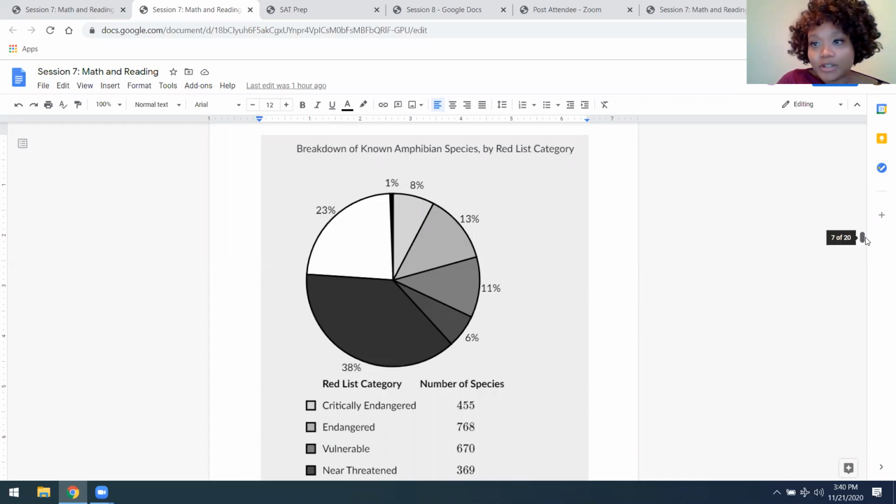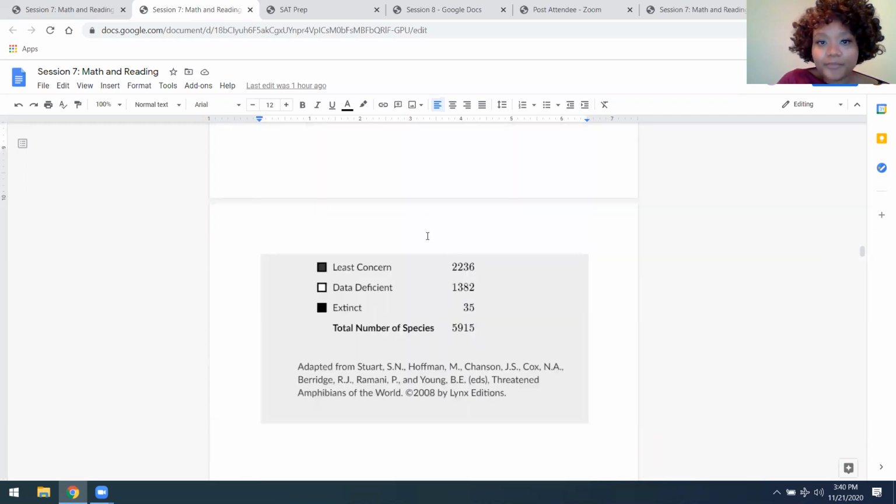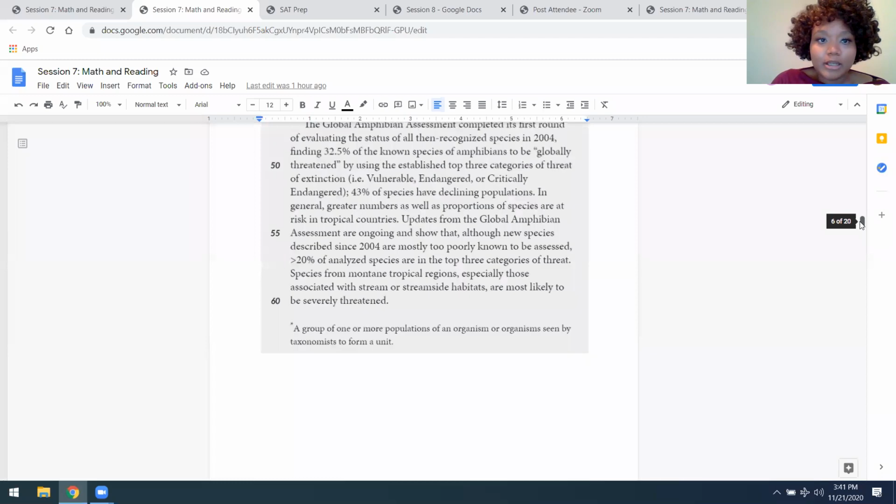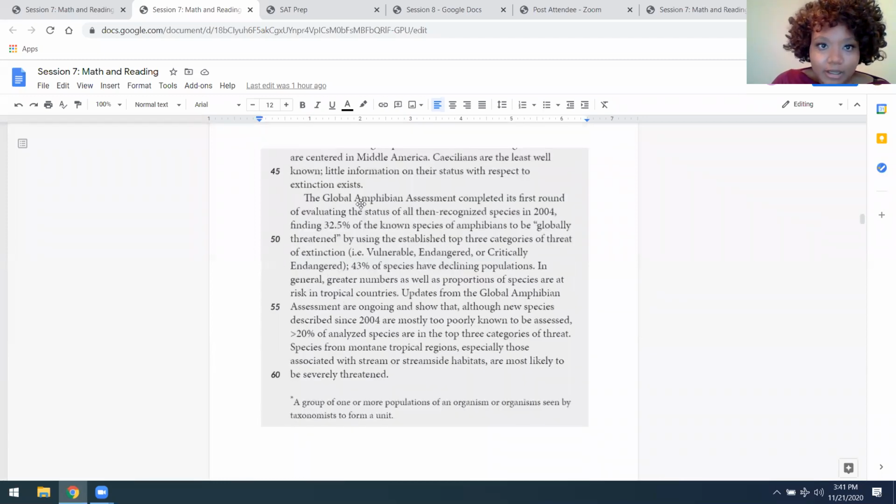So we can look at the legend or the key for the graph and see that data deficient for the white part means we don't have enough data for it. And we also know that, as DM had said, line 44, Sicilians are the least well known.